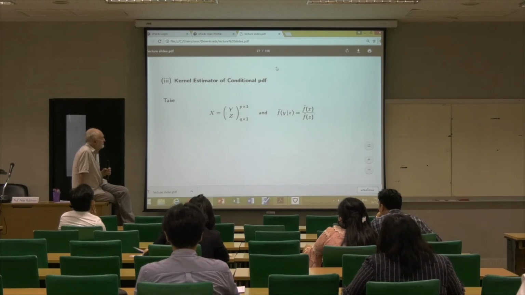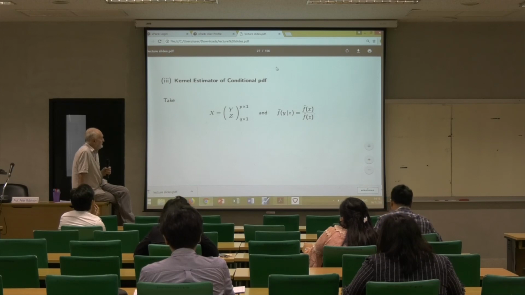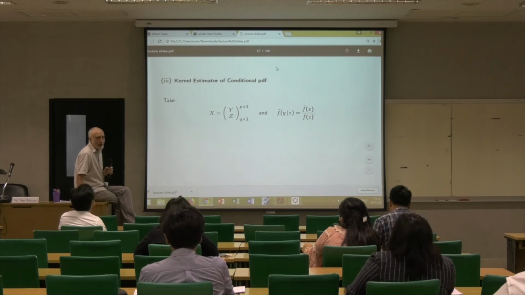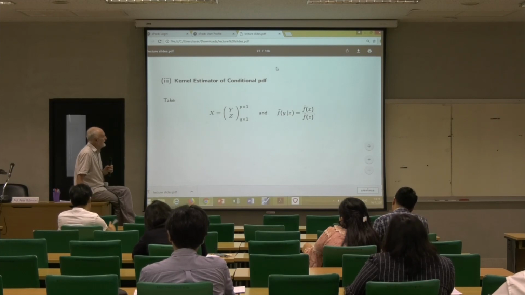Again, I'm being quite general, so we've got a p by 1 vector y and a q by 1 vector z. It may be that p and q are both 1, but I'm being a bit more general than that.